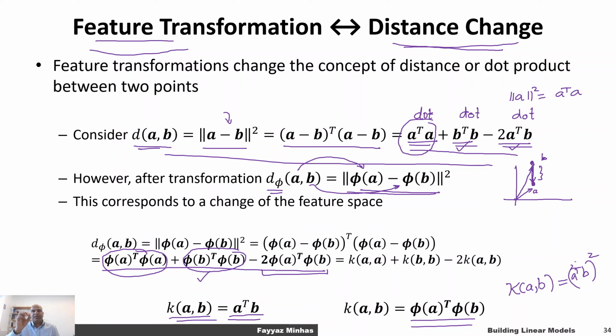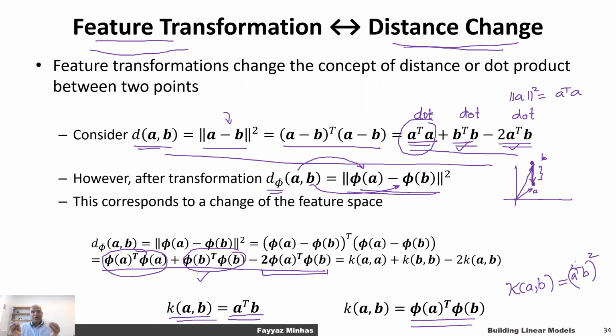And we know that distance can be expressed in terms of dot products. That means if I change the definition of dot product, first it would change the definition of distance, and then it indicates that there would be an implicit transformation. Or to put it shortly, if we use a different dot product definition, then that is another way of changing or folding this feature space.